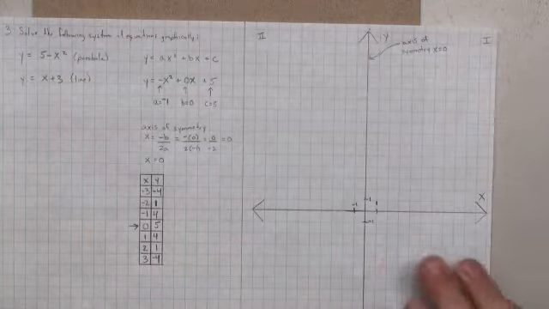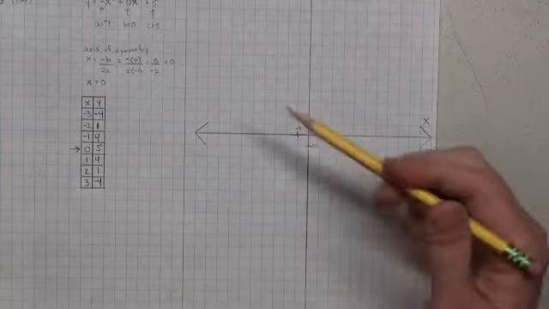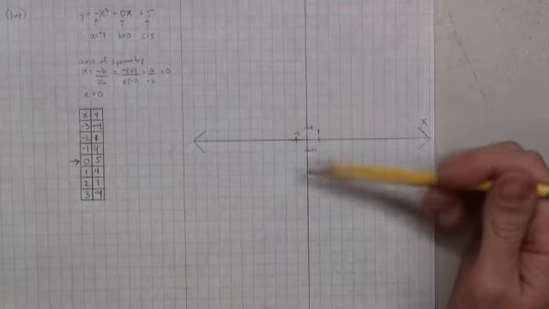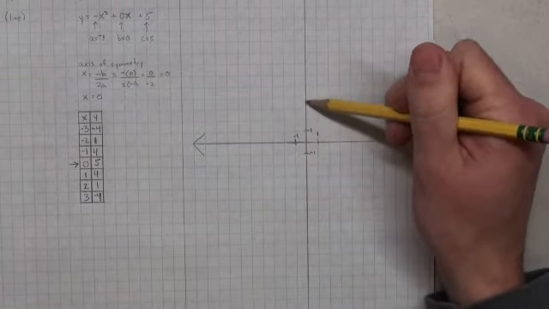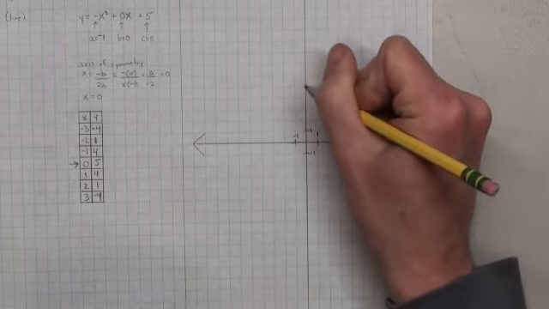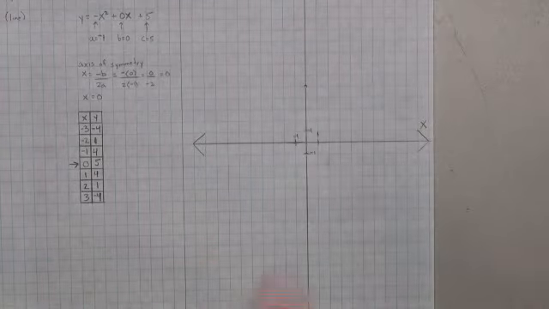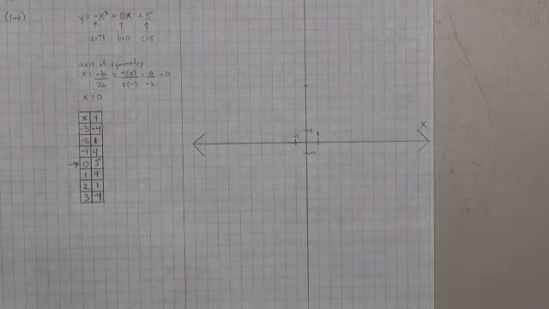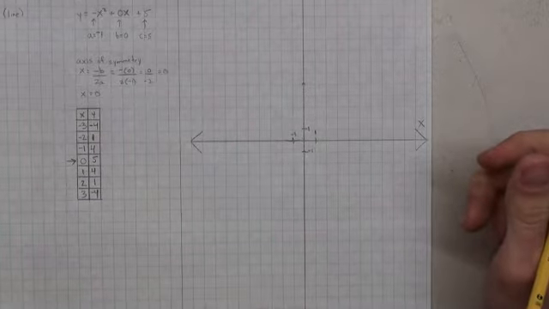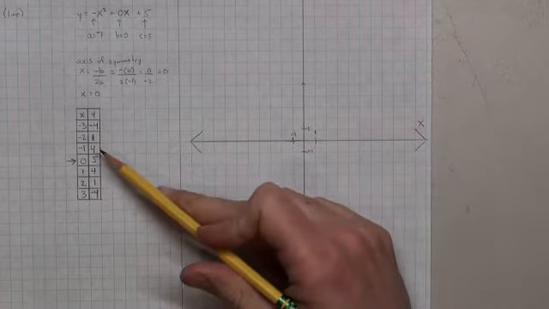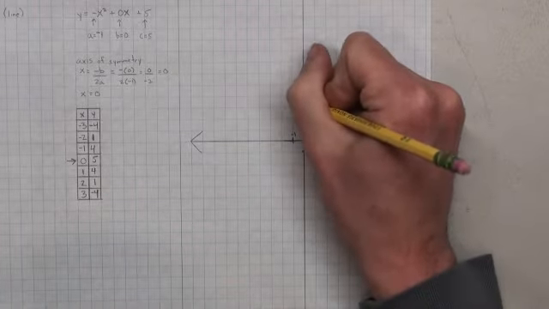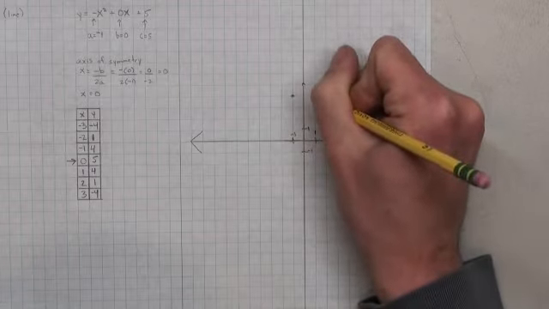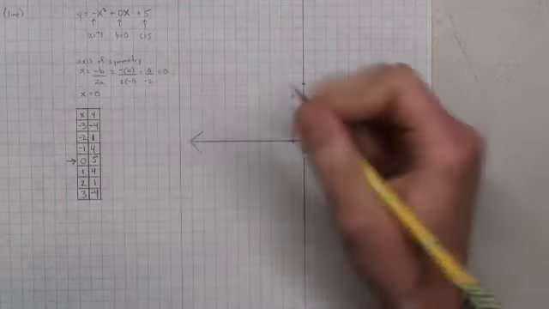Now, let me plot those points. I know my axis of symmetry point is going to be on my axis of symmetry, so 0, 5, I'm going to plot that one first. And now my other points will be evenly distributed, symmetrical around the y-axis, the line x equals 0. So negative 1, 4 and 1, 4. Then I have negative 2, 1 and 2, 1.